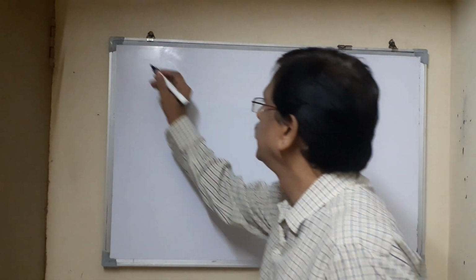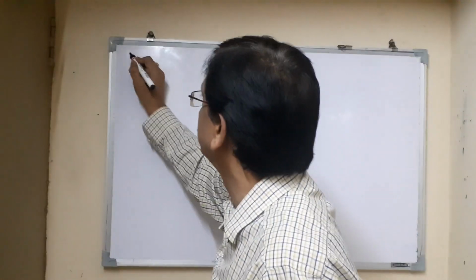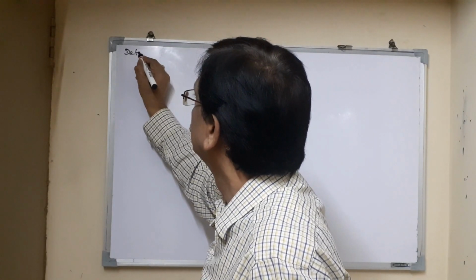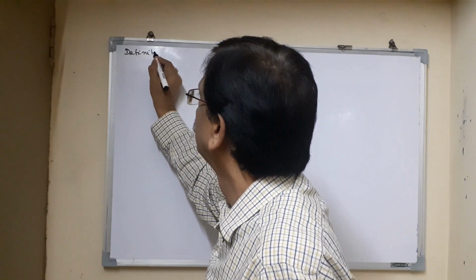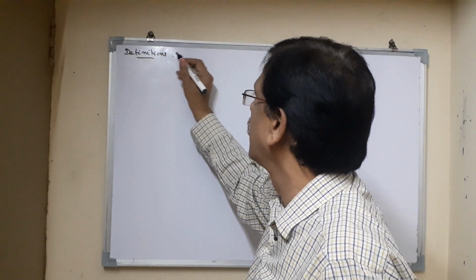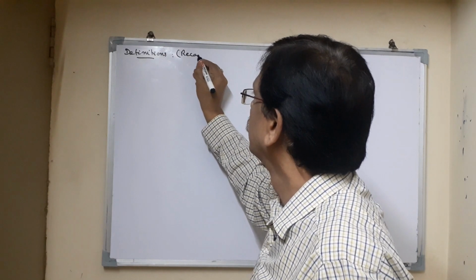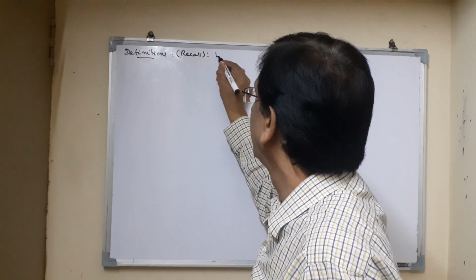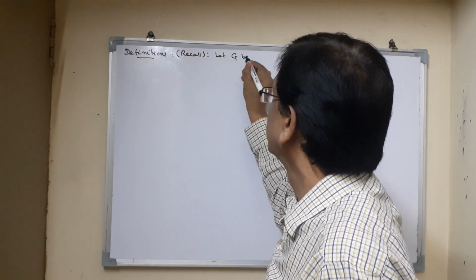Now we recall certain definitions. Already some of them I have done, but I would like to recall. Let G be a connected graph.